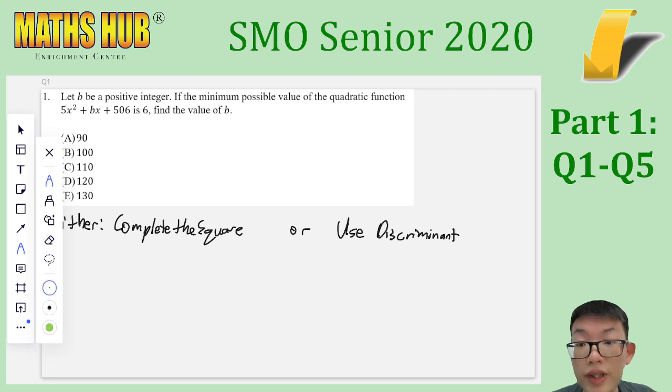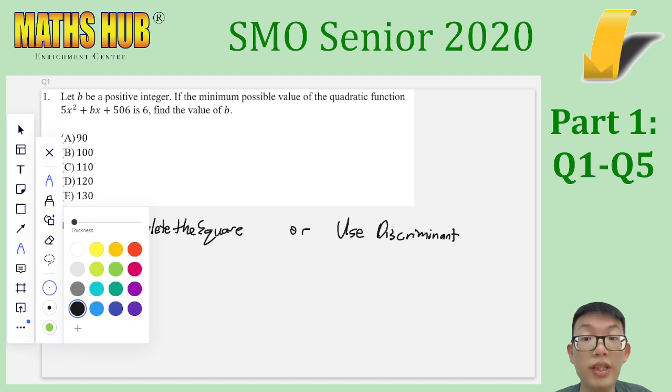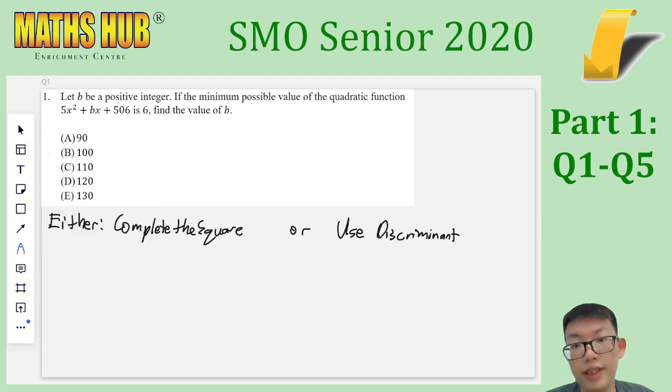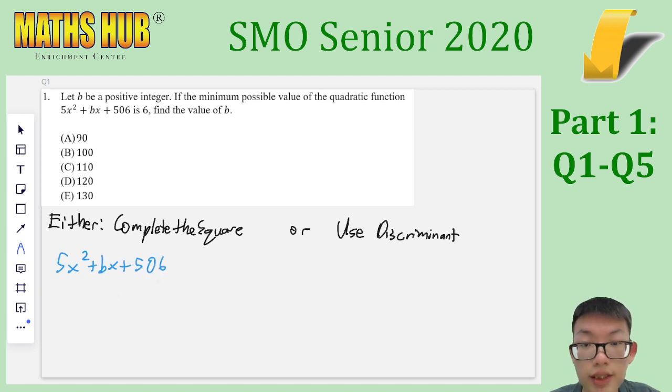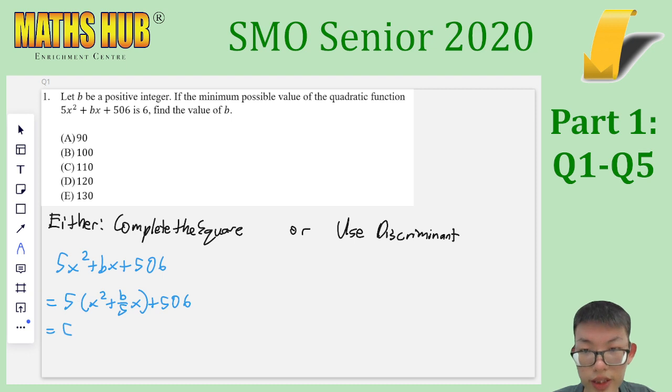So for completing the square, that's simply because completing the square is normally how we find minimum values, so no difference here. We can complete the square, 5x squared plus bx plus 506. We first factor out 5 from the first 2 terms, and then after that, we can just complete the square as usual.